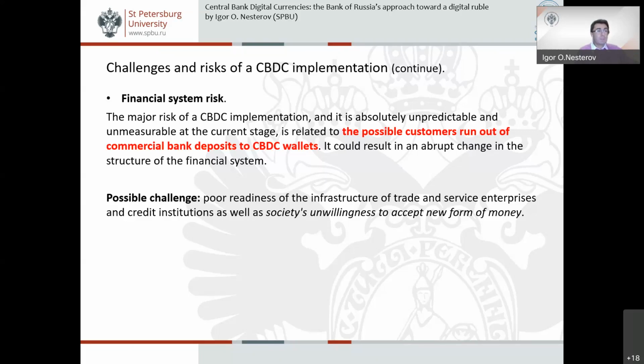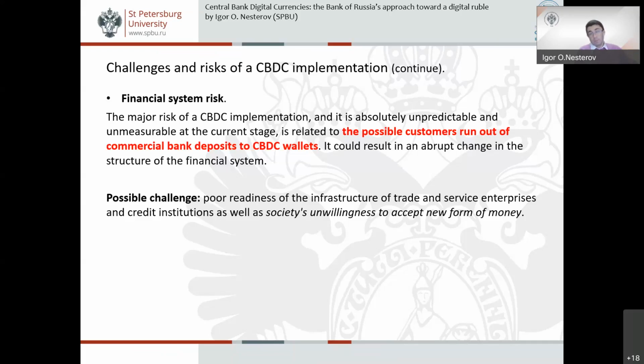Why can customers run out of bank deposits, and when is this possible? Because the CBDC, as a direct liability of the central bank, will be free of insolvency risk, while bank deposits, as liabilities of private commercial banks, are not. So that is quite a serious systemic risk, and it's absolutely unpredictable and unmeasurable at the current state.